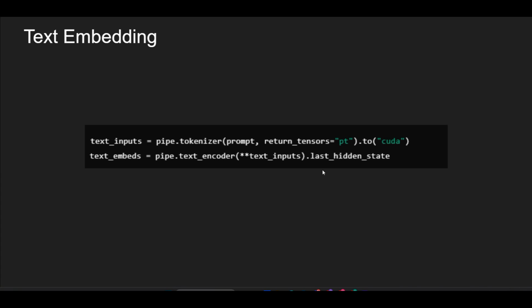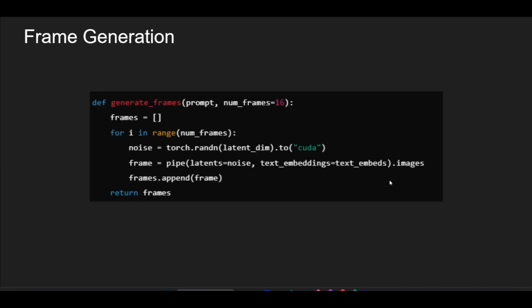Then we can move into the text embedding. The input text is converted into an embedding using the tokenizer and encoder from the model. When we talk about frame generation, the core innovation of Text2Video-Zero lies in how it generates sequential frames.